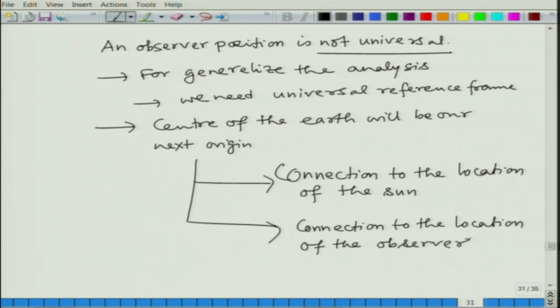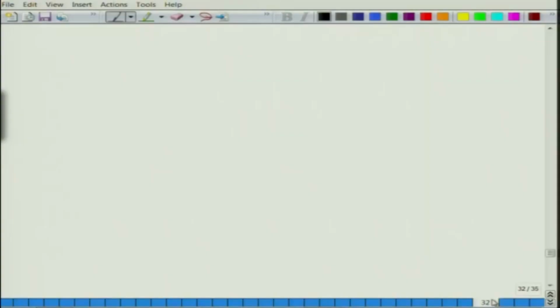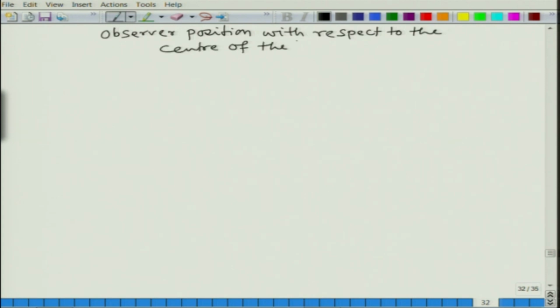First, the easier or more familiar thing is the connection to the observer. So, the observer position with respect to the center of the earth.